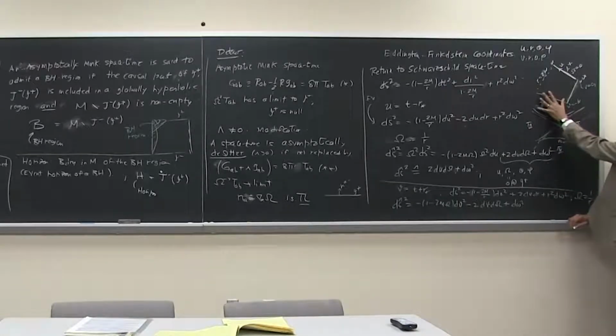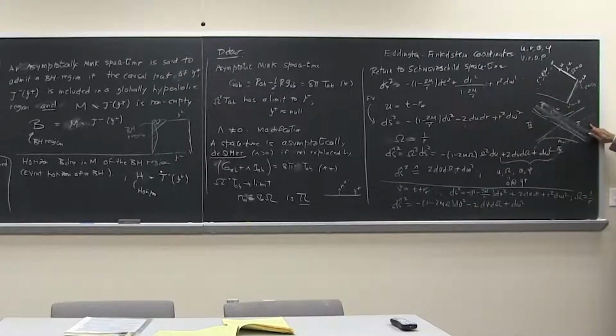We're mainly interested in this patch up here, which is regions 1 and 2, the black hole singularity and the asymptotic region 1. Because of that, it's better to use the advanced Eddington coordinates in green, and that is what, just keep in mind. Okay. Any questions?